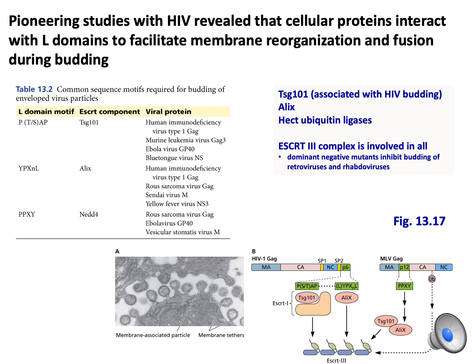And it turns out that those proteins are involved in vesicular budding. Those are proteins that are normally involved in vesicular trafficking from endosomes to lysosomes. And these proteins that are normally involved in vesicular trafficking were interacting with the late domains in the gag proteins and playing a role in budding.